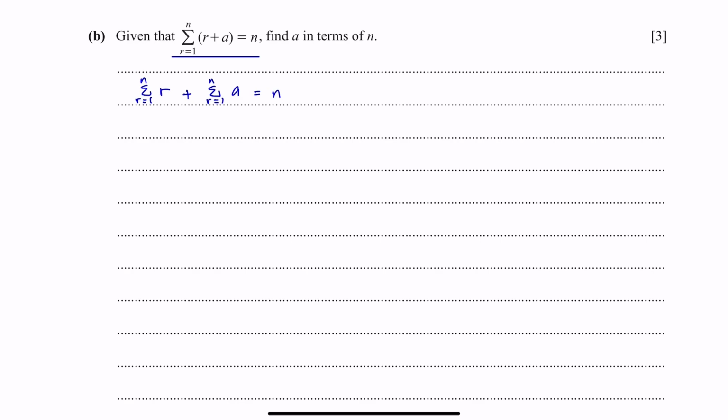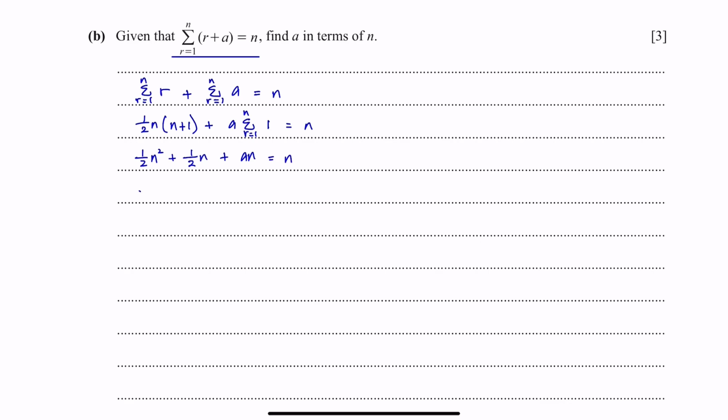So the summation of r is basically half n times n plus 1, which we already proved just now, plus we can write this as a times the summation of 1. So let's just expand this first, plus an equals n.